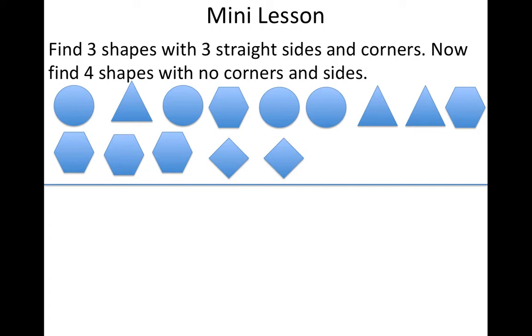Can you please raise your hand and tell me which shape has no sides and no corners? Chase, can you please tell me? I saw your hands raised, so can you please tell me which shape has no corners and no sides? Good job, Chase. That's correct. It's a circle.